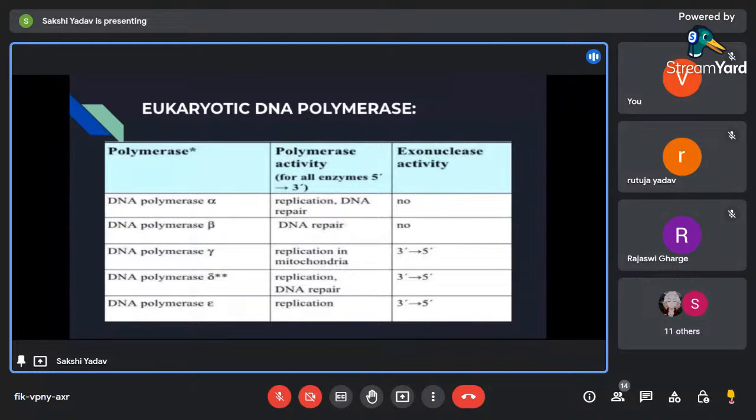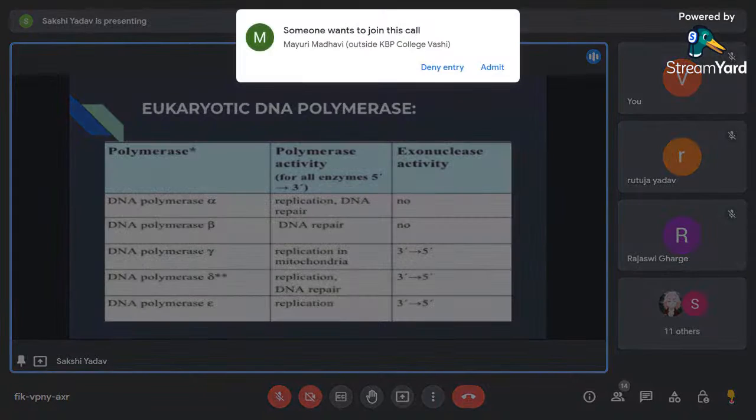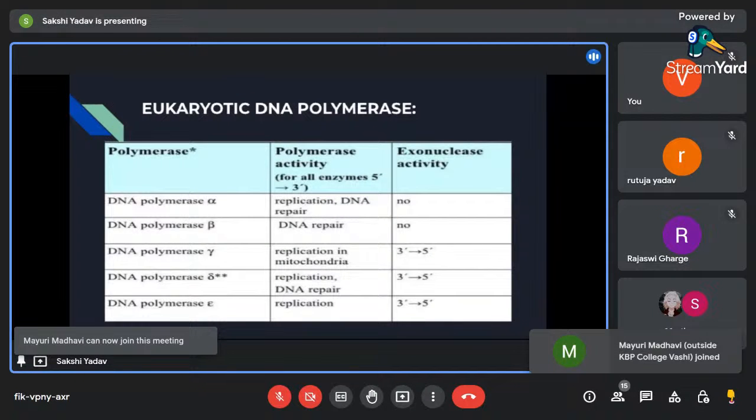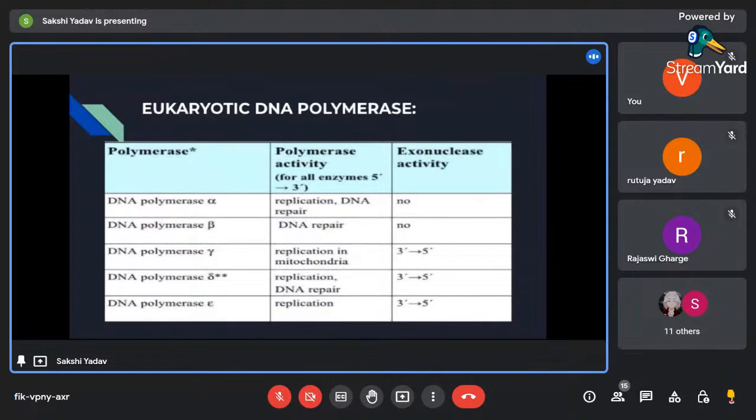DNA polymerase alpha shows replication and DNA repair, while DNA polymerase beta shows DNA repair, and DNA polymerase gamma shows replication in the mitochondria, and DNA polymerase delta shows replication and DNA repair, while DNA polymerase epsilon shows replication.